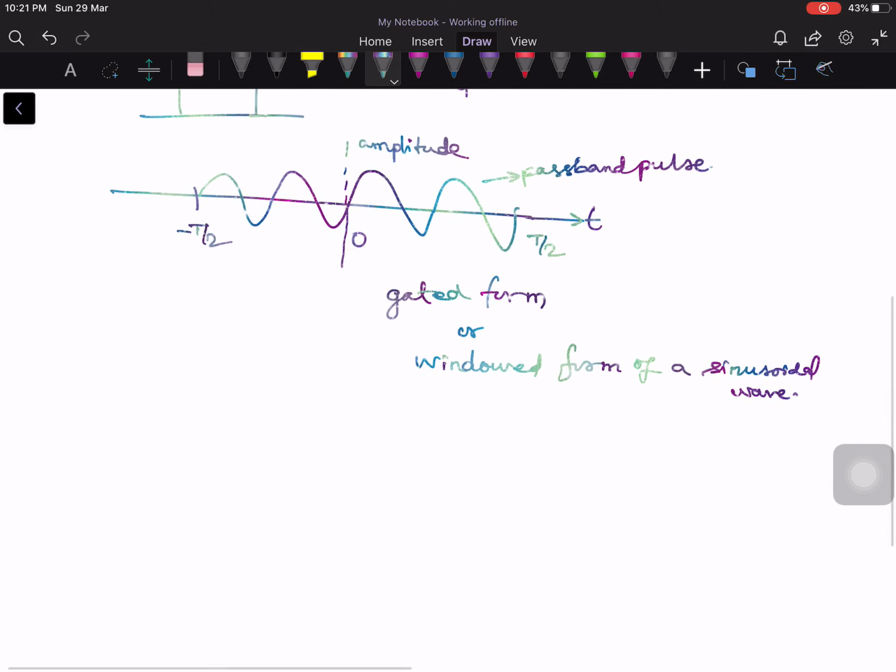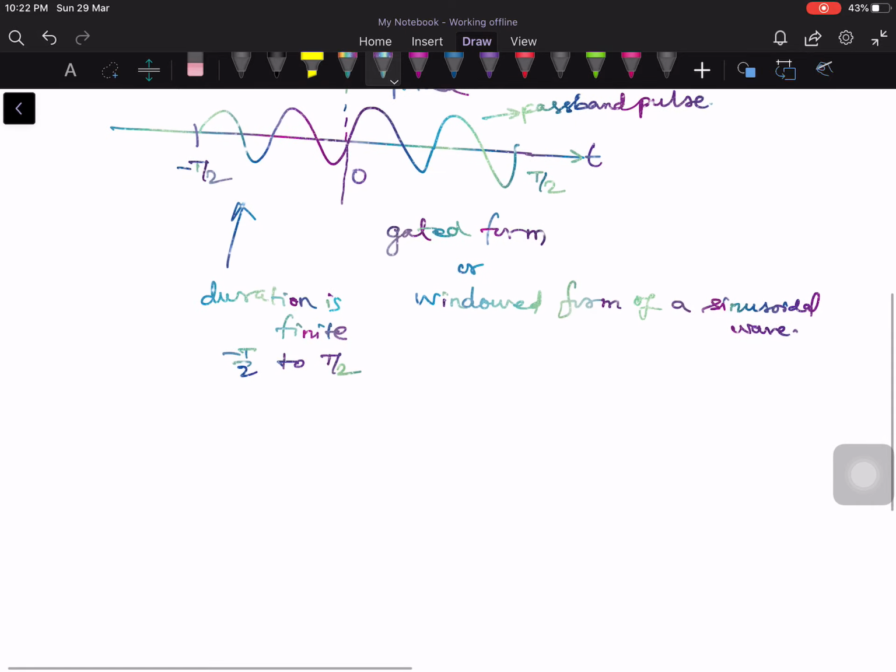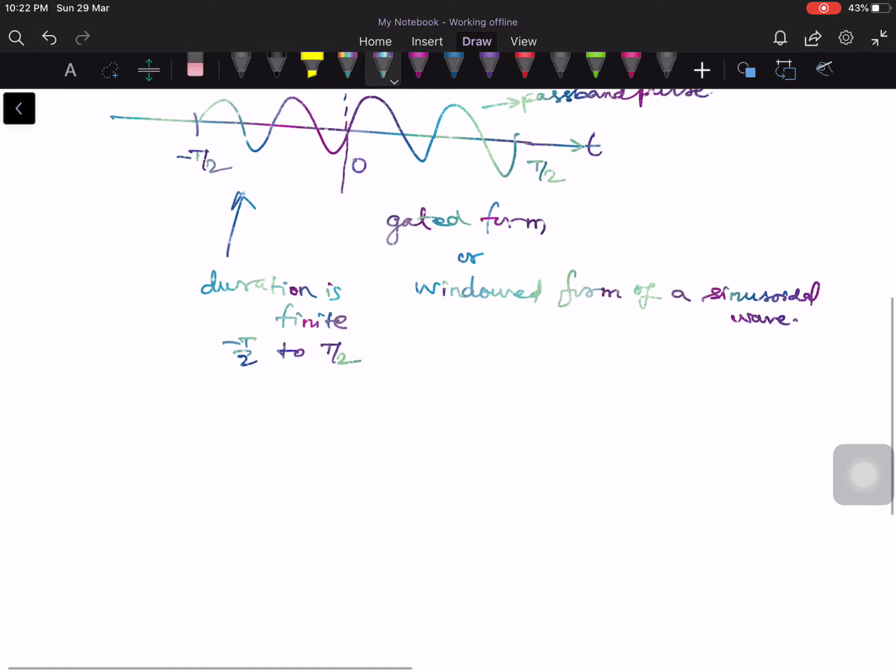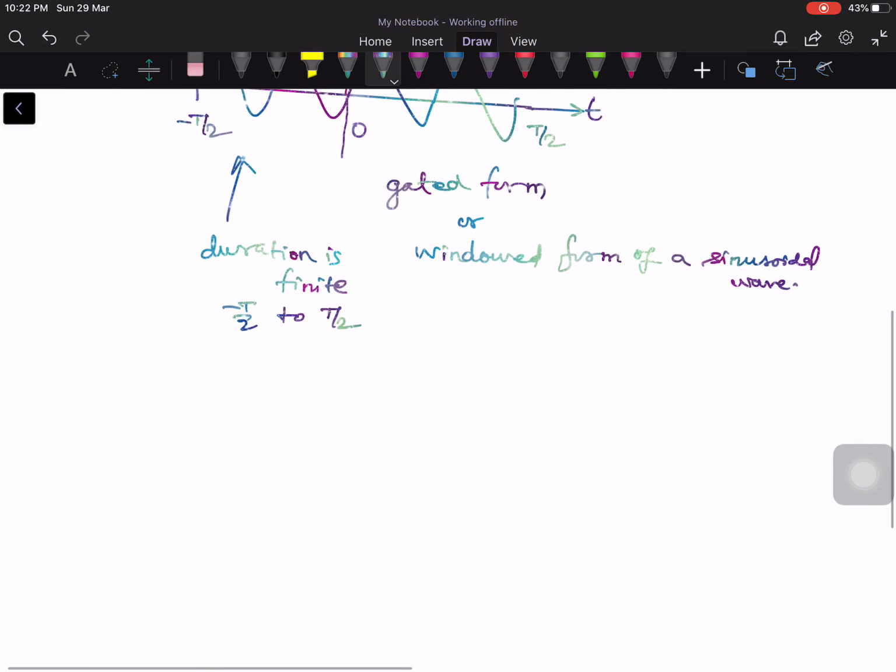Look, the duration is finite. It exists from minus T by 2 to plus T by 2. Such finite duration signals are called pulses, that is, passband pulses. It is a gated sinusoid. It is 0 outside of this interval minus T by 2 to plus T by 2.